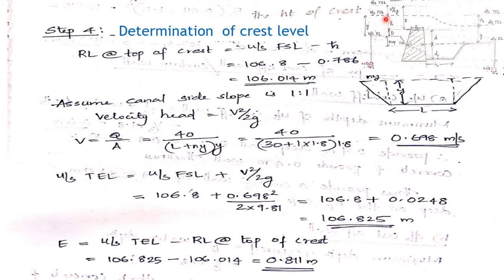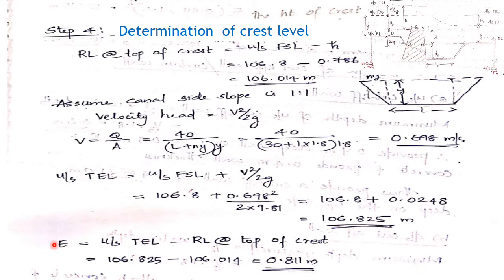Now, to find out the level of upstream total energy line, we have level of upstream total energy line is equal to upstream FSL plus v square by 2g. So by substituting the values, we will get the upstream total energy line as 106.825 meters.